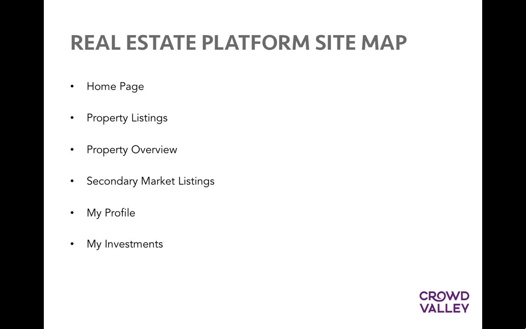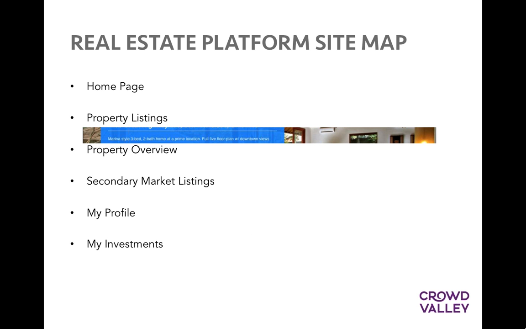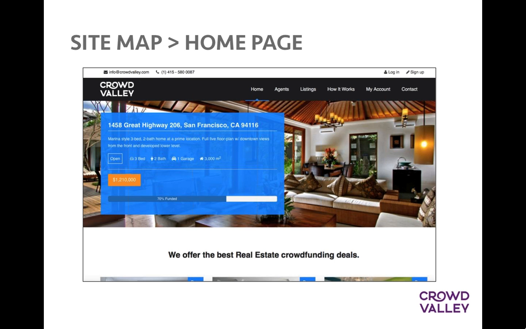We certainly see real estate platforms that don't have secondary markets, for example, or that have deal origination areas to them, as well as just investor areas, and perhaps more functionality around the fundraiser role or the agent or affiliate role. Again, if you're interested in learning more about those elements, you can get in touch with us and we can follow up separately. But at a base level, you're likely to have most of these sections on your platform.